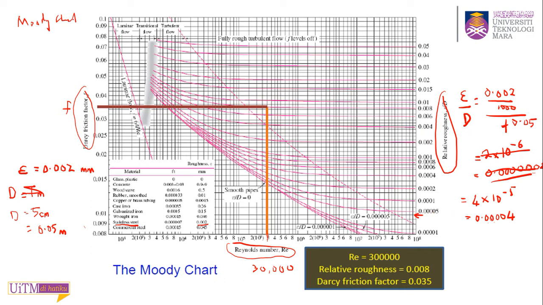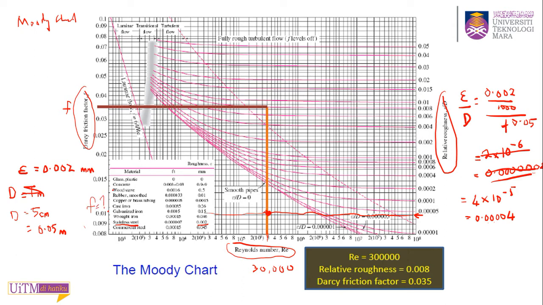So you draw another line from this value, and at the intersection of your lines, for this Reynolds number and your relative roughness, you can go to the left and get your friction factor here.